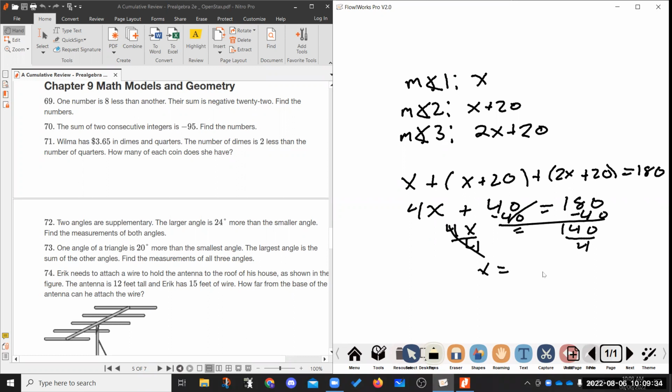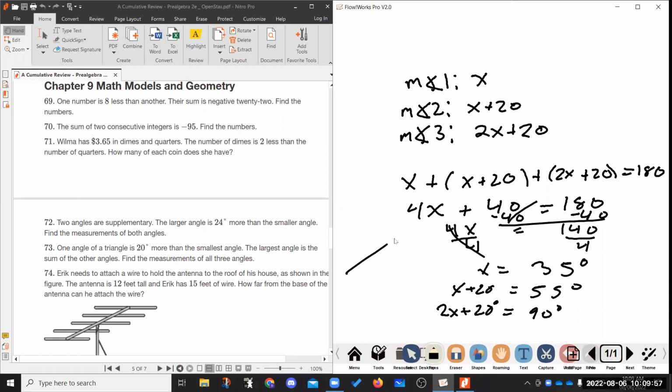X is equal to 35 degrees. We're going to say X plus 20 is equal to 55 degrees. And then 2X plus 20, the sum of these here, is going to be 90 degrees.